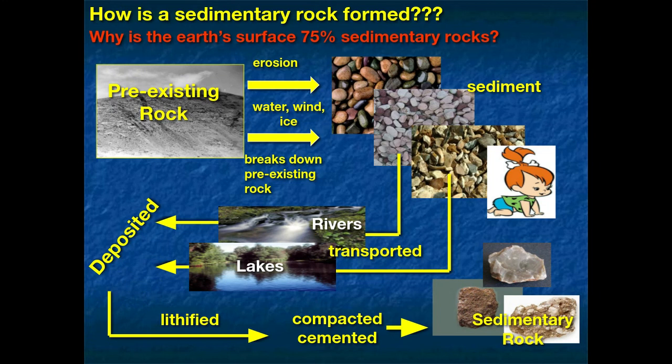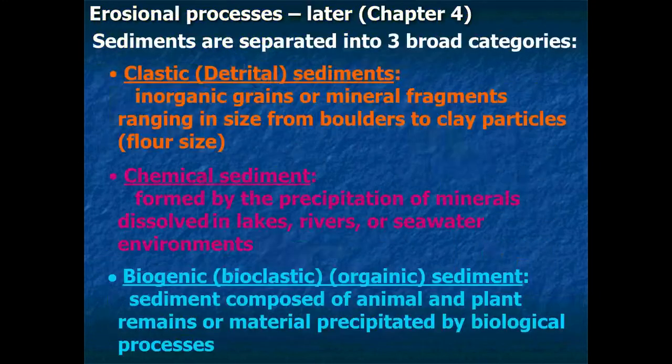In fact, we used the analogy, I believe, in the intro part of the Earth chapter, where we said that if you take an egg and you reduce the size of the Earth down to the size of an egg, the lithosphere is about the thickness of the eggshell. So it's very thin. So on this little thin layer of the lithosphere, you basically have a dusting, if you will, of sedimentary rocks. But yet we live on the surface, and around us, about 75% of the rocks found in the lithosphere are sedimentary rocks, due directly to weathering processes.